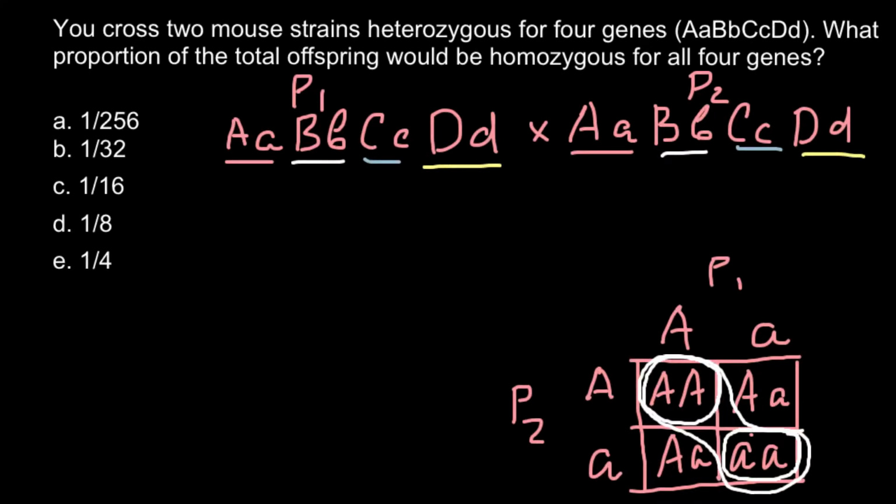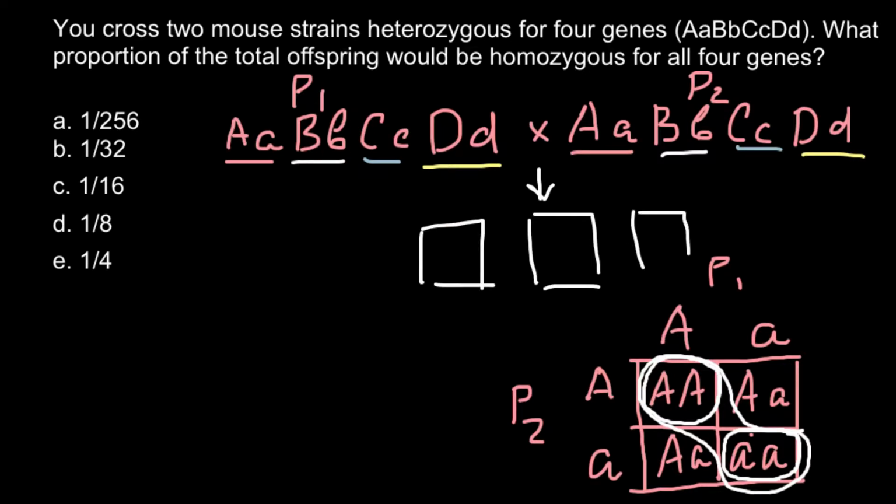Because in simple Mendelian genetics we have independent assortment, we assume that all these 4 allelic pairs are on different chromosomes. So they would assort independently, and the probability for each allelic pair would be as follows. So we have 4 allelic pairs that can be in different states: homozygous dominant, homozygous recessive, or heterozygous.